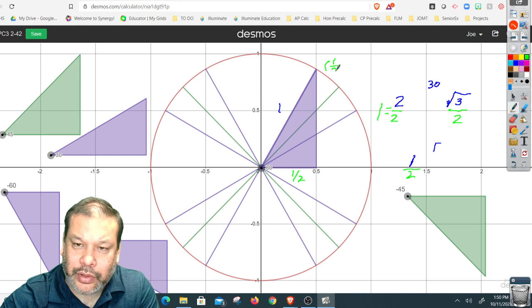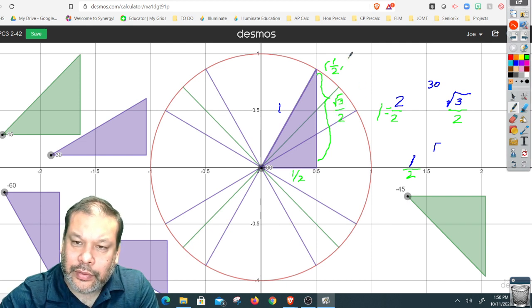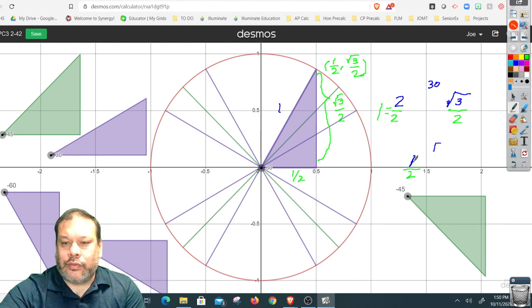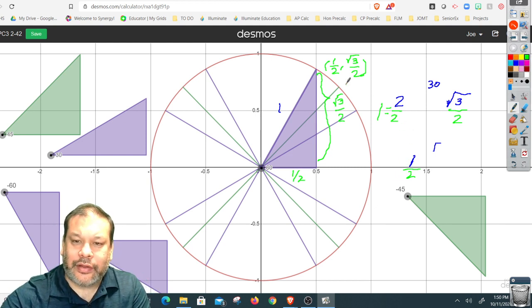So that coordinate point is 1/2. And this length right here is square root of 3/2. So the y component is square root of 3/2. So that's all they're asking.